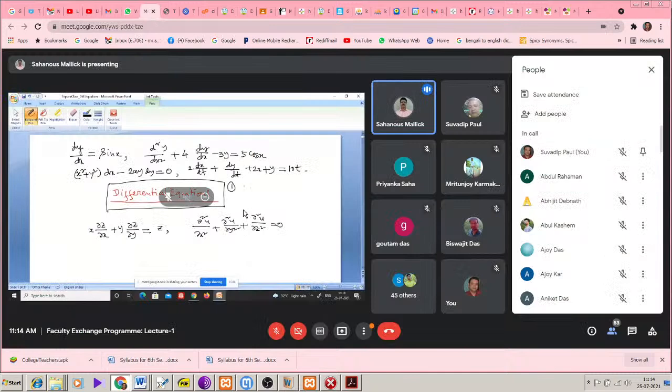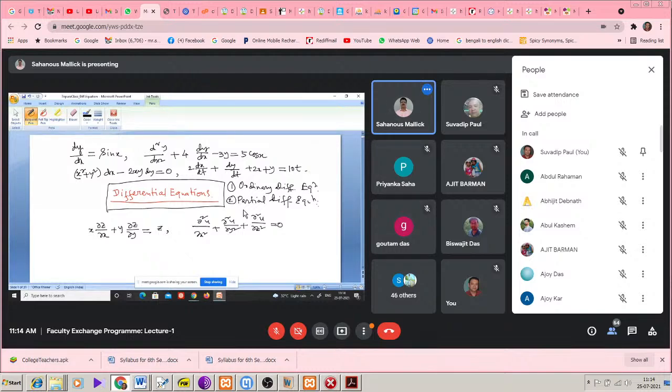One is ordinary differential equation. Another is partial differential equation. One is ordinary differential equation, one is partial differential equation.